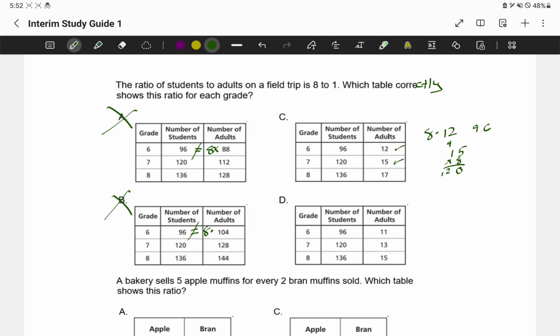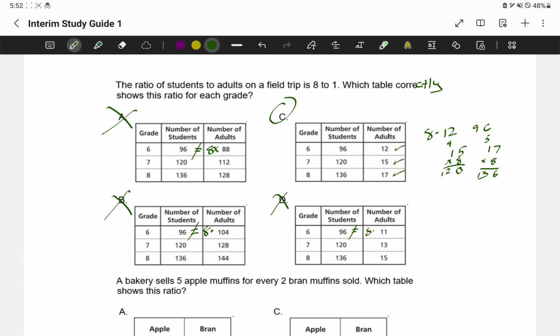So, yes. 8 times 17. So 8 times 7 is 56. 8 plus 5 is 13, so 136. Yep. And 8 times 11 is not 96, it's 88. So it's not D. And so that's all you had to do for that one.